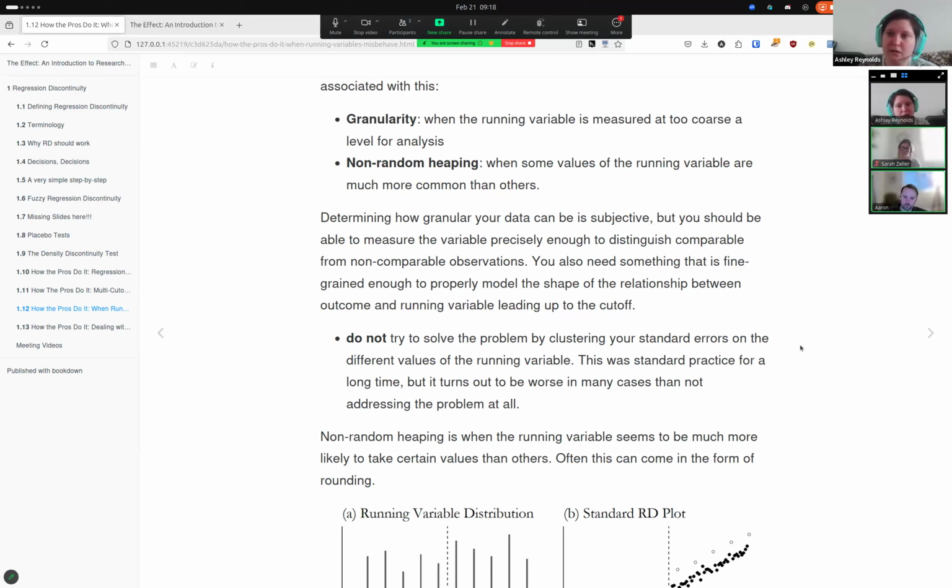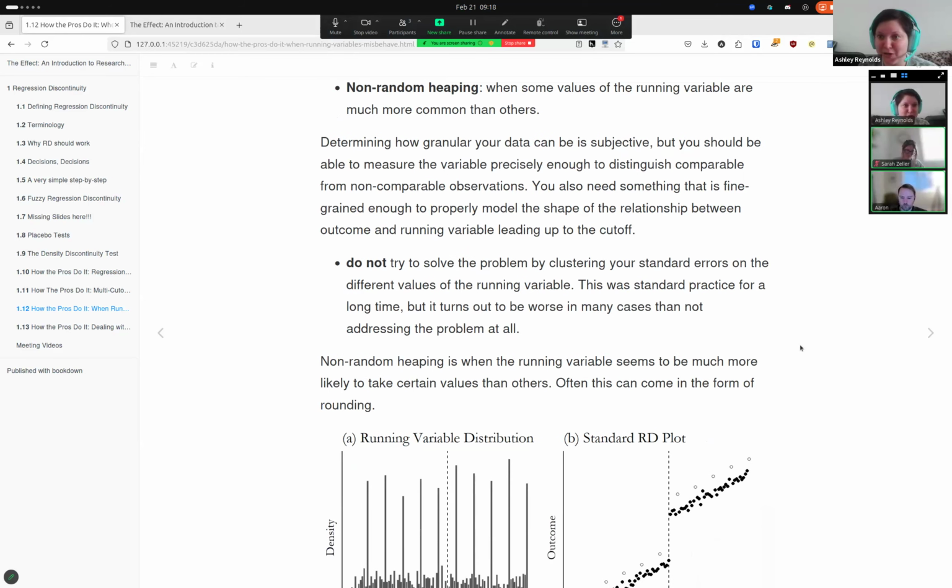So this will take a little bit of understanding your data, understanding what questions you're trying to ask, and figuring out whether your data actually meet the criteria to be able to run RD. One thing to not do is to try to solve the problem by clustering your standard errors on the different values of the running variable. This was standard practice for a really long time, but it turns out that's actually worse than not addressing the problem at all in many cases, so don't do that.